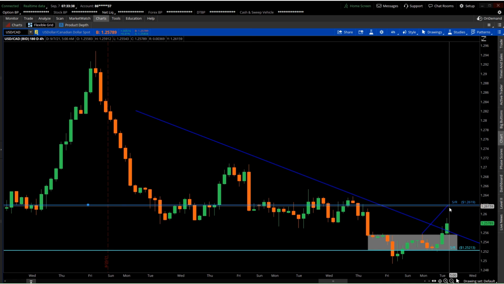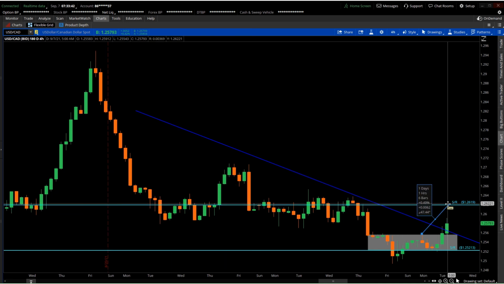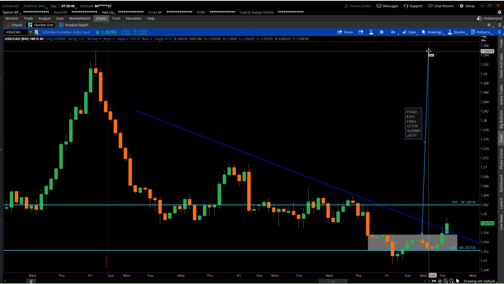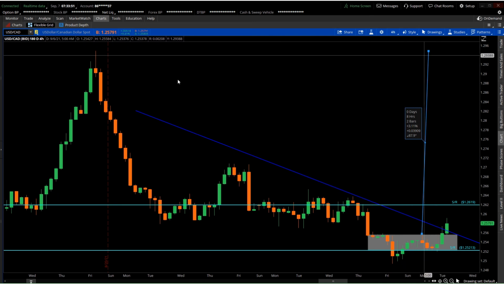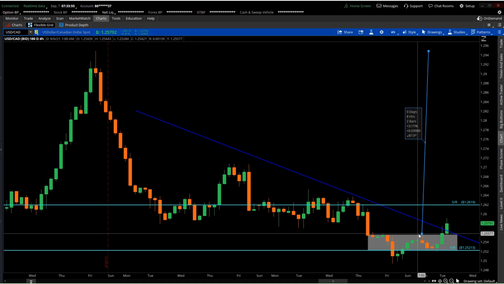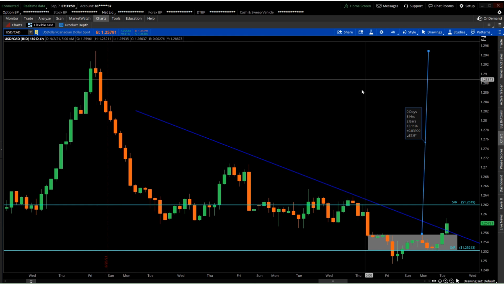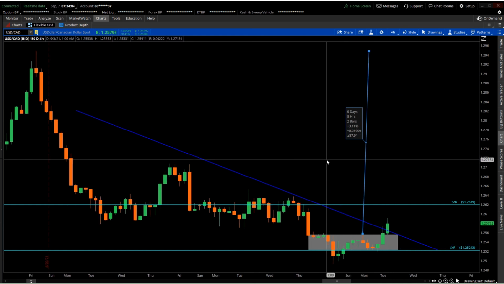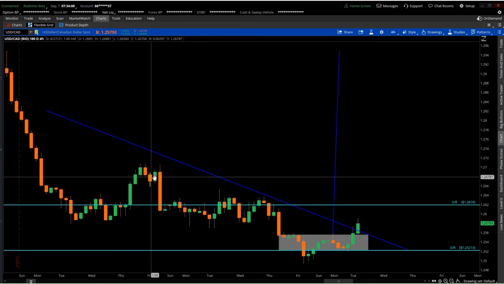So if price does manage to get all the way back up here, then that is approximately a 390 pip move towards the upside to equal this high, right? So for my entry here to, let's say, price reaching this high, I'm looking at approximately 390 pips over the next few days. So yeah, that was the purpose for this recording.